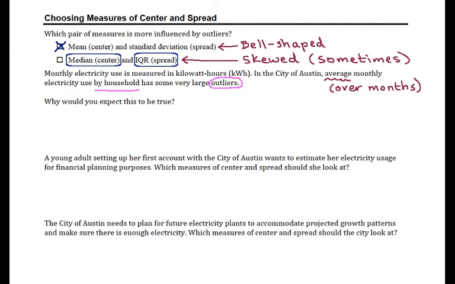So first we're saying, why would that be true? Let's think about that for a second. Well, a very large outlier would be a customer that uses a lot of energy, right? It wouldn't be a month in which everybody uses a lot of energy because we're talking about this by household, averaging over all of the months for each customer. So Michael Dell, for example, lives in Austin, right?